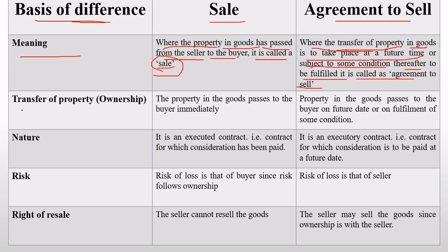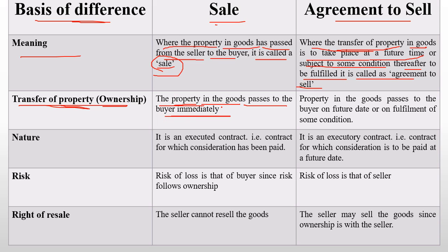Now the next difference is of transfer of property, meaning transfer of ownership. In sale, the property or the ownership of goods is passed to the buyer immediately.